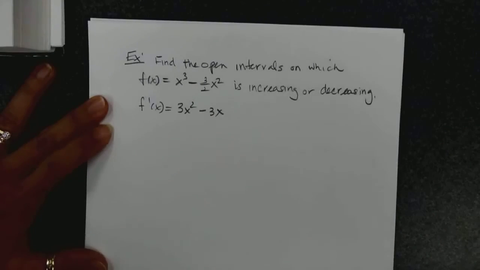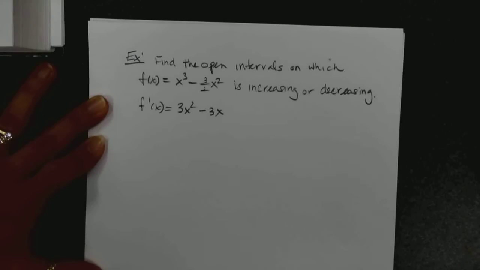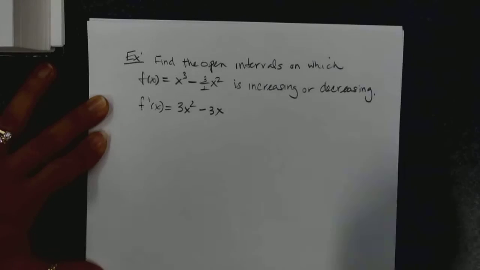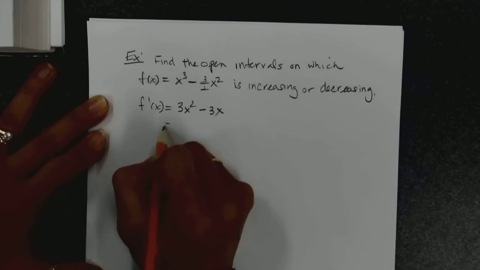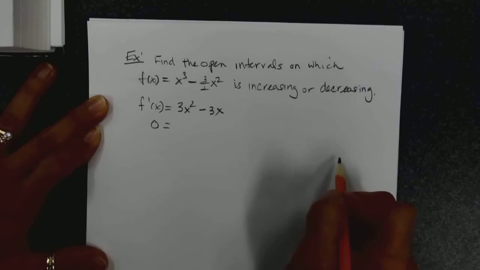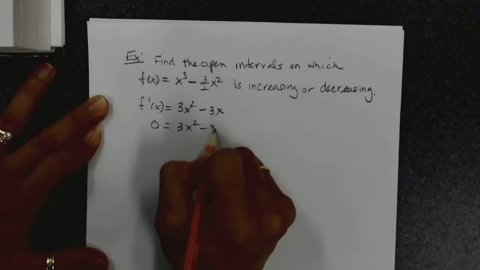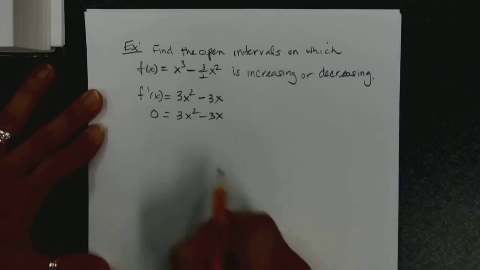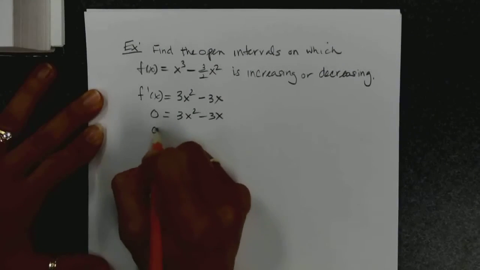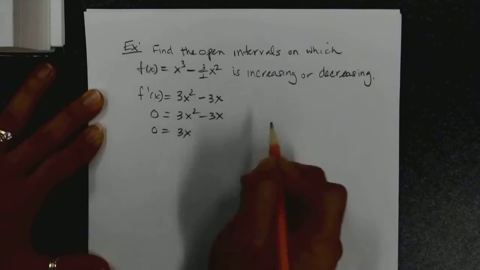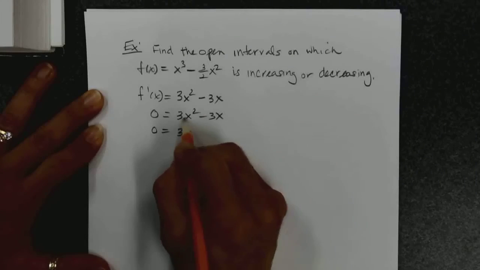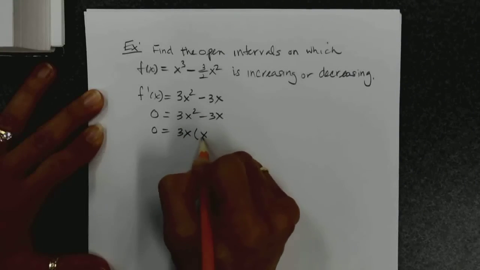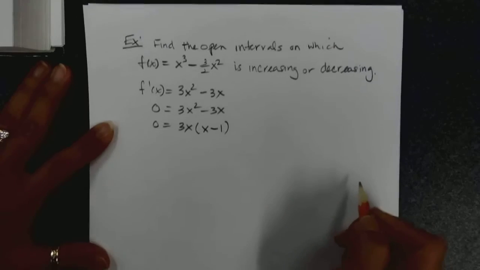Now we want to find the points where it's going to change from increasing to decreasing or decreasing to increasing. So we're going to look for the critical numbers, so we set this equal to 0 and solve for x, where there are critical points, max and min. So we factor out 3x, and what we get is x minus 1.